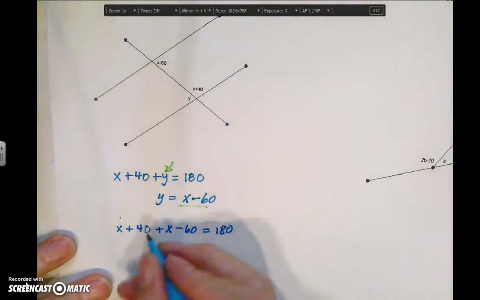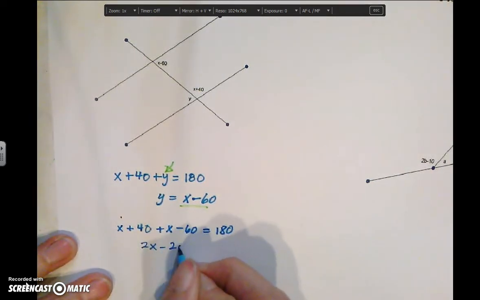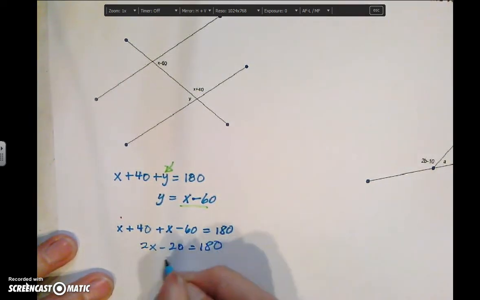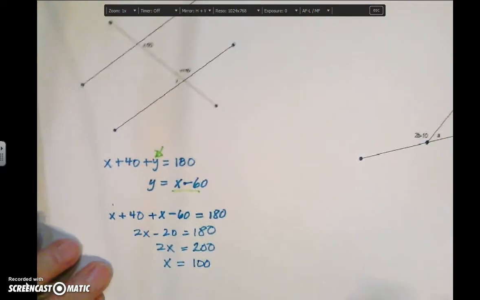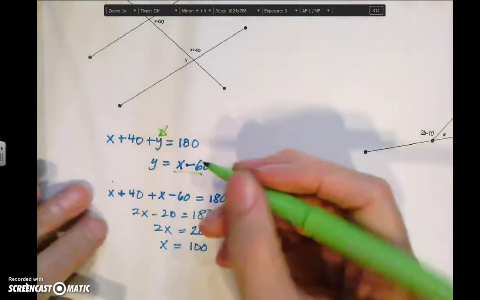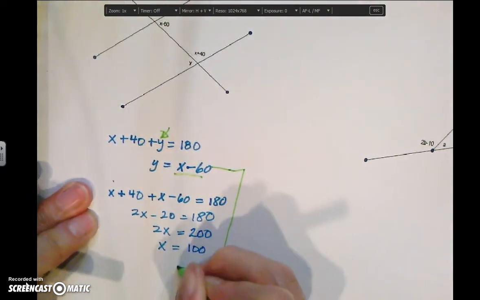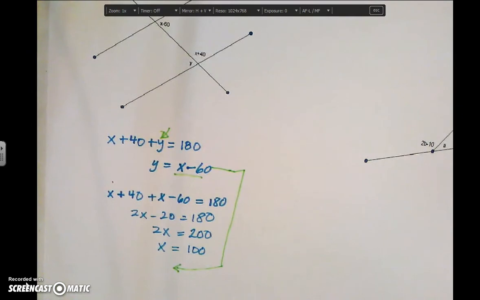So that's going to give me then 2x minus 20 is 180. So add my 20 over, so 2x is equal to 200, and divide by 2 and get x is equal to 100.